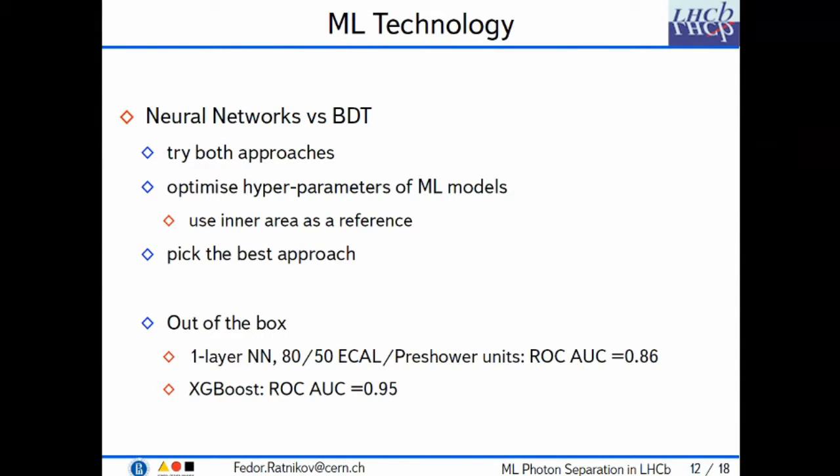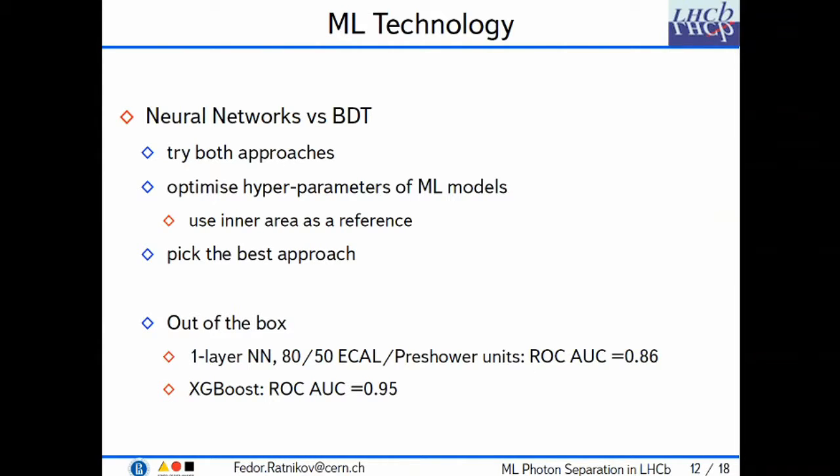First of all, neural network versus BDT. Here we decided to make a study, trying to optimize and get the best classifier for this problem. So we are going to compare both BDT and neural network.